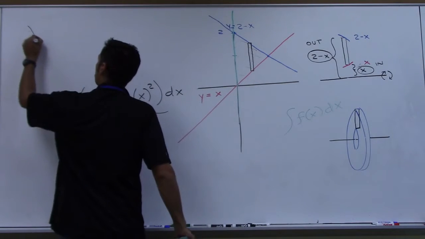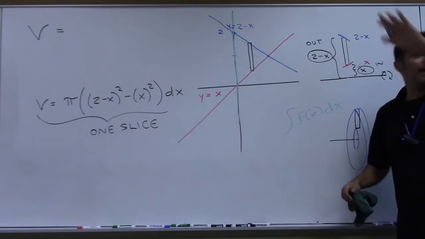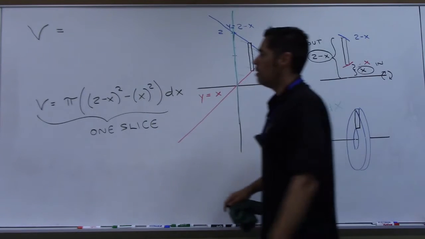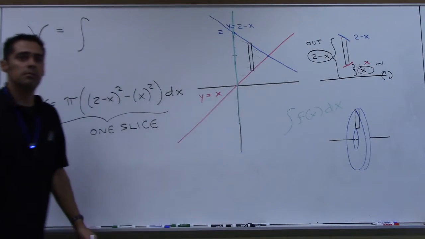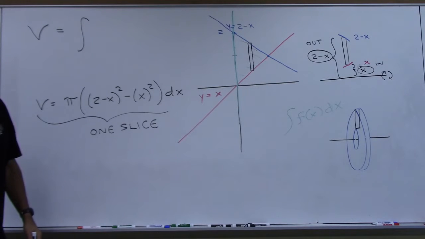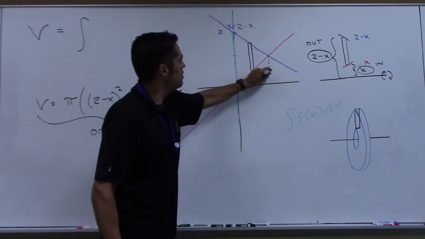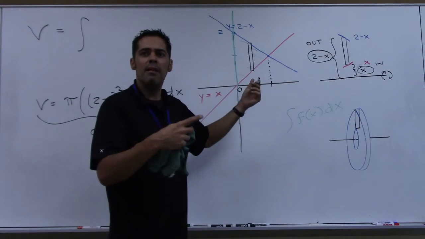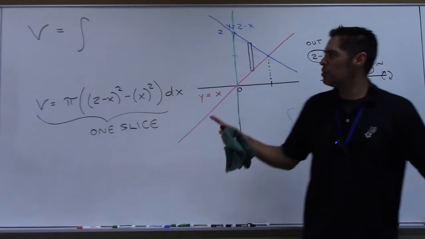The volume of that entire solid wrapped around will be the integral from where to where? 0 and then to wherever these meet. We never checked, but it is 1. You would set them equal to each other, or just do a quick visual inspection.